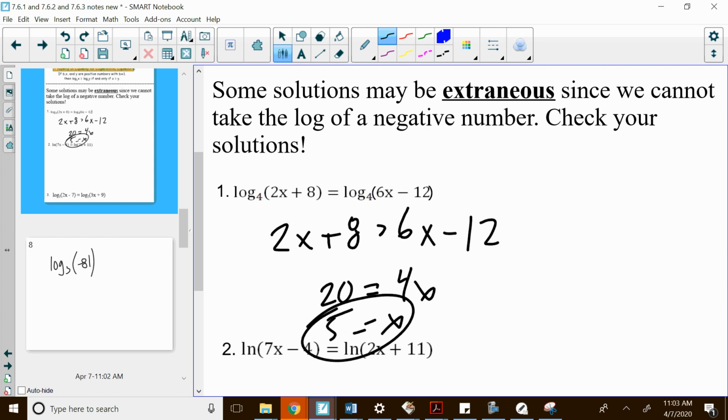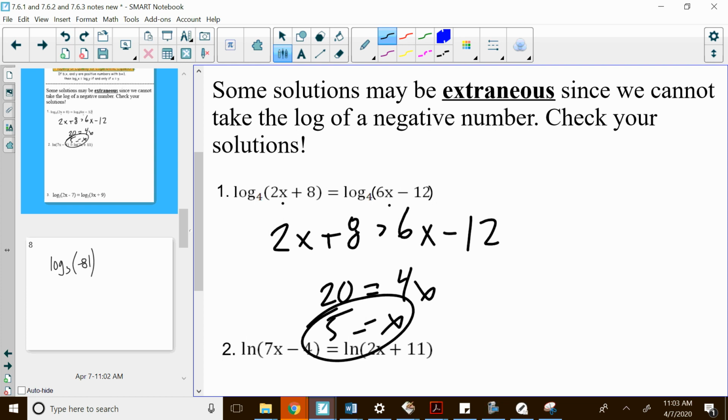Now let's check that. Let's make sure when we put this in here and here, we get a positive number in parentheses, which we do. We get 18 both times, so we're golden. The log base 4 of 18 equals the log base 4 of 18.